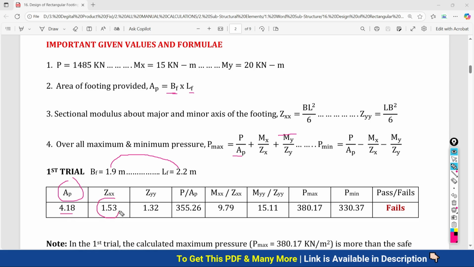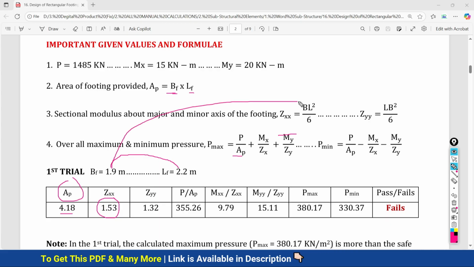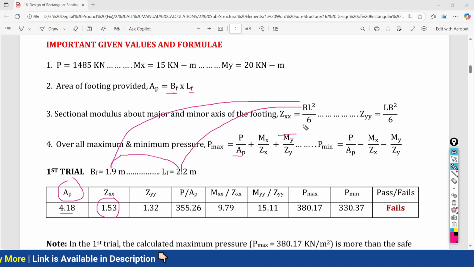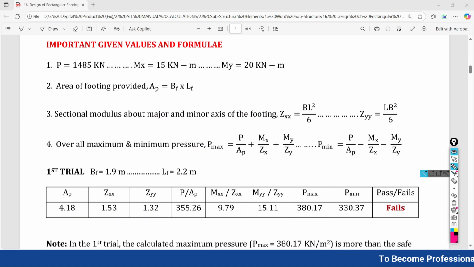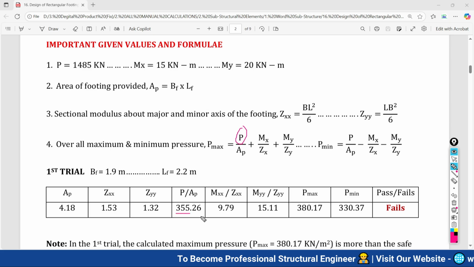Sectional modulus about the major axis: the formula is given here. Put B here as 1.9, and length 2.2 squared, divided by 6, you will get the sectional modulus about the major axis, and likewise you will get the sectional modulus about the minor axis. Finally, base pressure P by AP, we are going to get the value of 355.26.